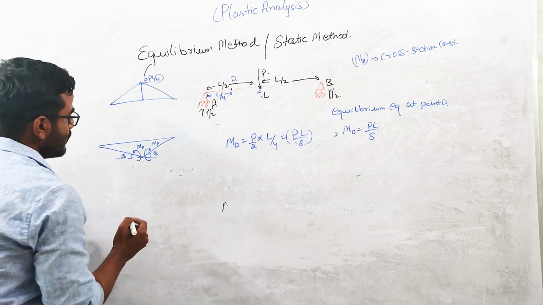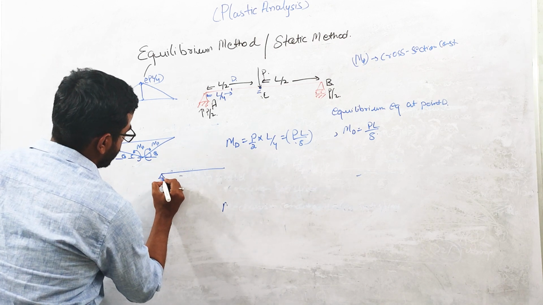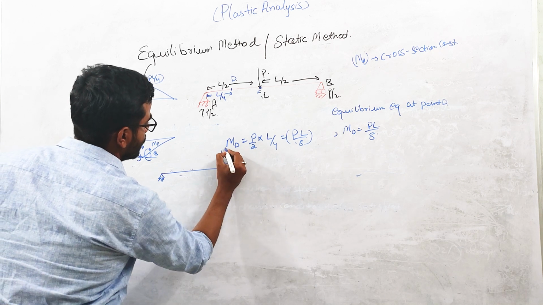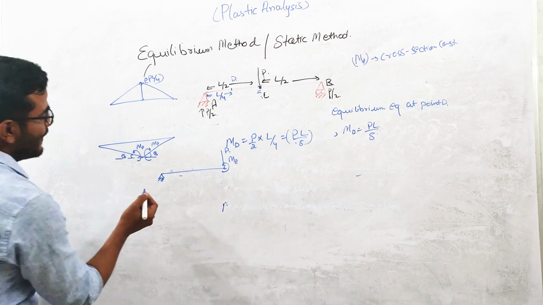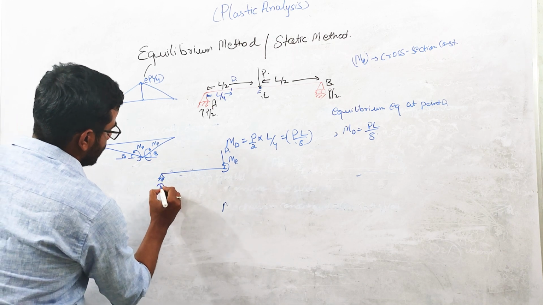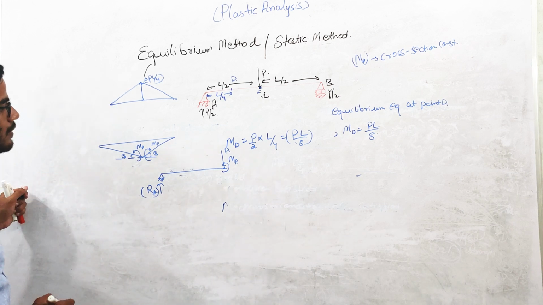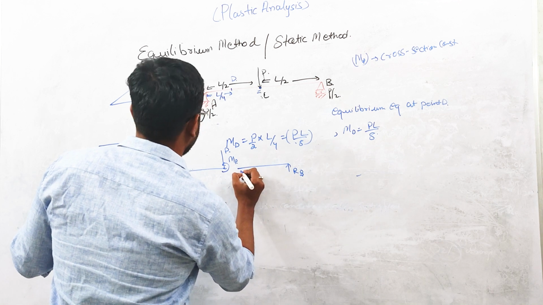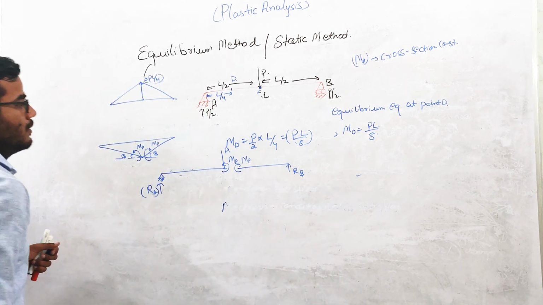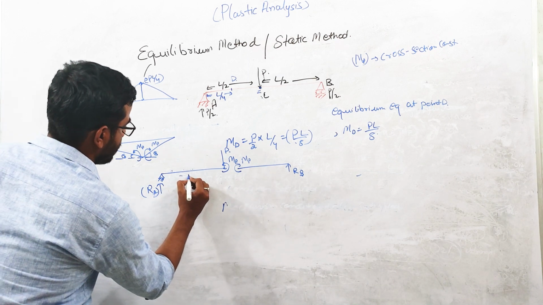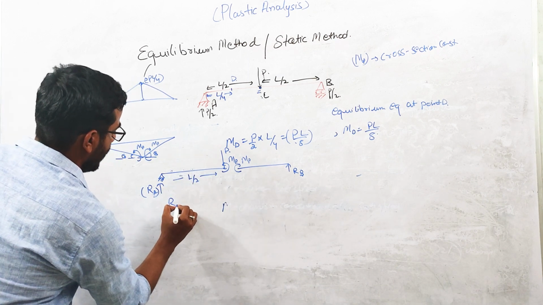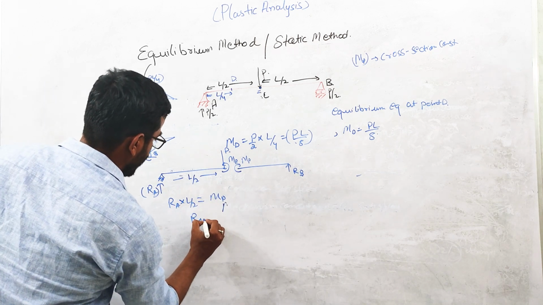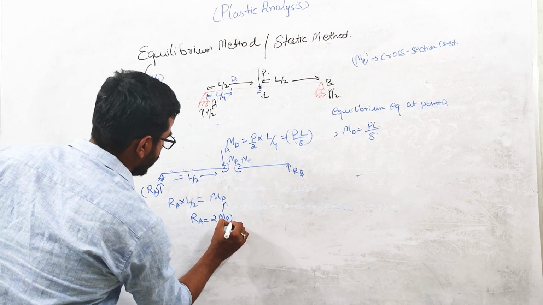If you draw the free body diagram of this, one MP is acting here and one P load is also there. You calculate RA from here, and there is the RA reaction here. Similarly, this is RB, and here the moment is MP. So RA into L by 2 equals MP, and RA equals 2MP.